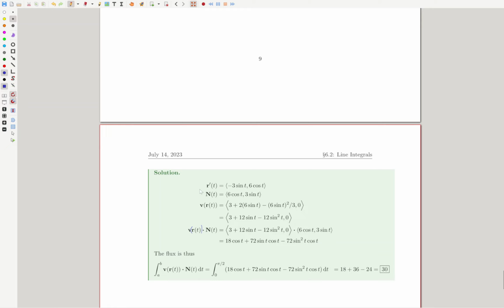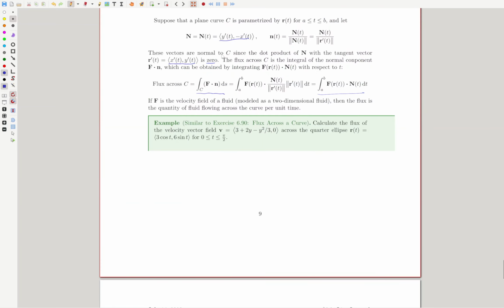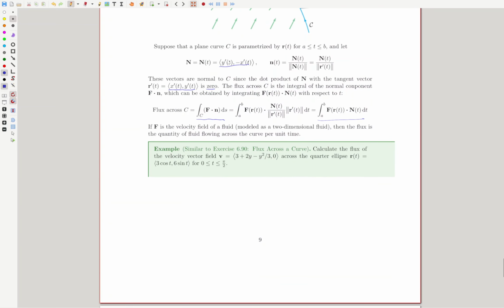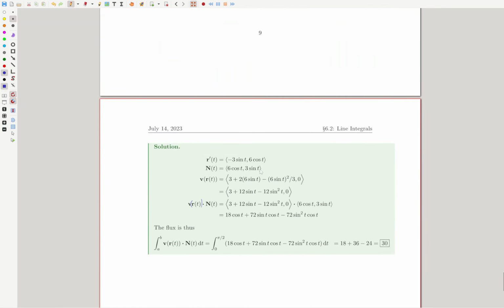R prime is computed first because we need that to calculate N. Once you calculate R prime, you swap the two and introduce a negative for the y, per the definition of N. Then you also need to plug the parameterization into the vector field, which will give you this, and simplify, and then you take the dot product of these two vector functions, which gives you this quantity.